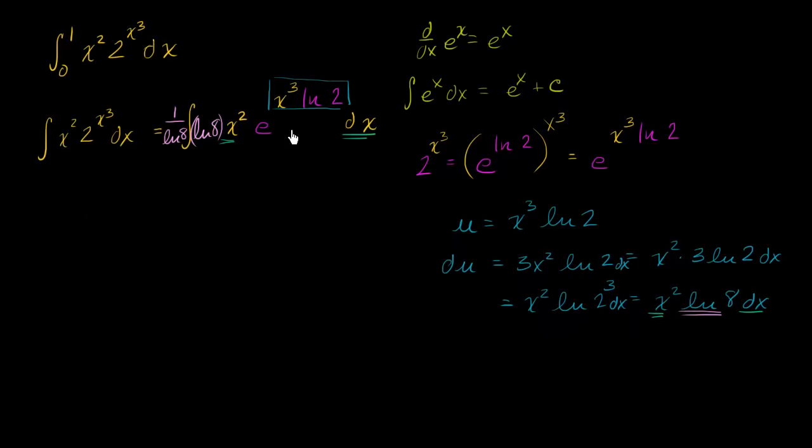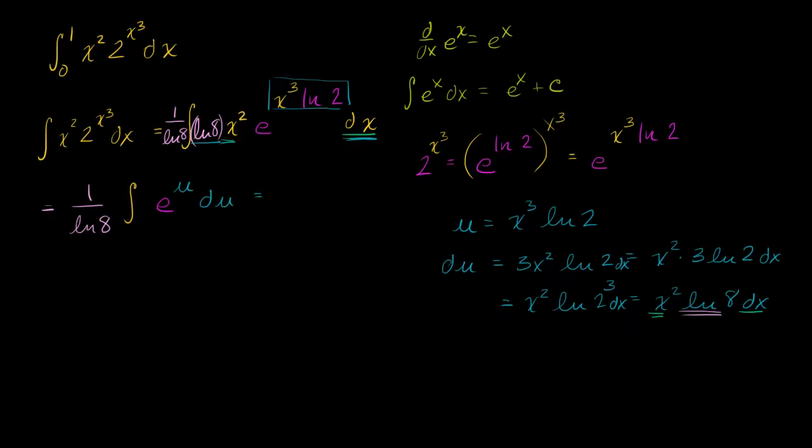So let's write this in terms of u and du. This simplifies to 1 over the natural log of 8 times the antiderivative of e to the u, that's the u, du. This times that is du. And this is straightforward. We know what this is going to be.